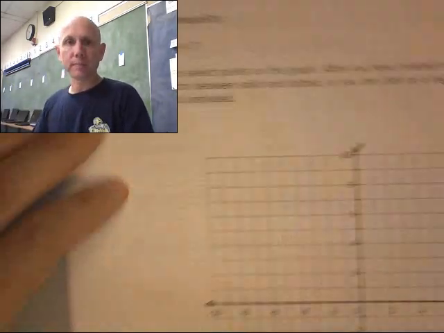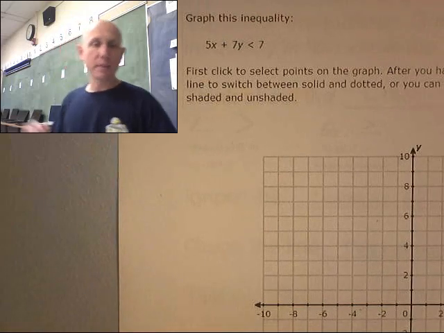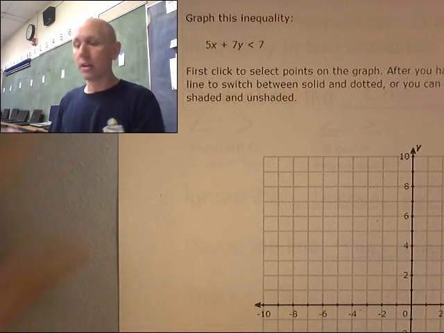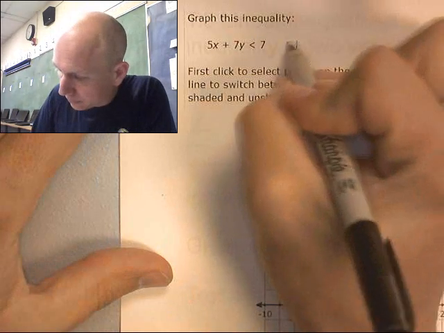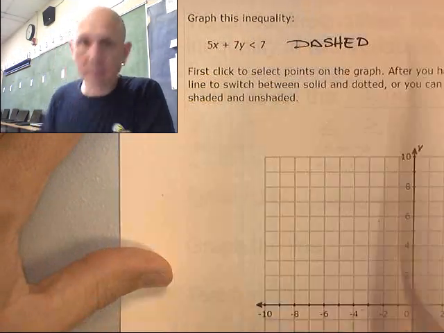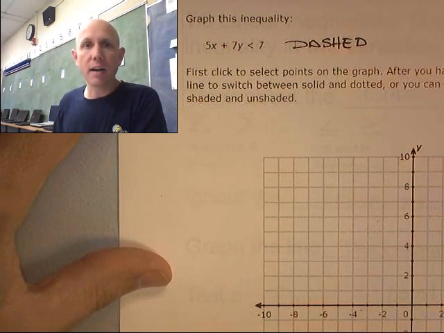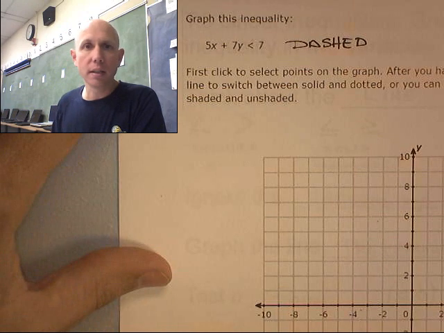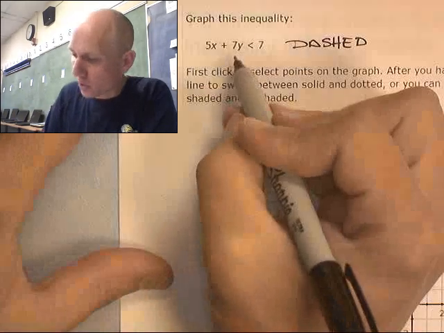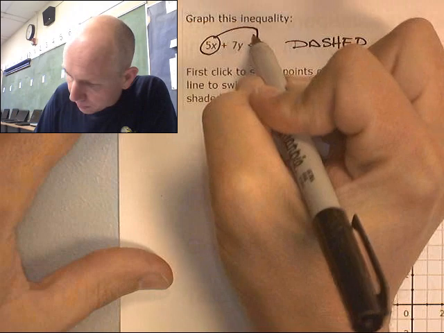Let's do another one. First off, line type, solid or dashed? Dashed. Keep that in your head. Now it's time to graph this thing. Unfortunately, this one is in the wrong form, so let's put it into slope-intercept form to make it a little easier to work with.